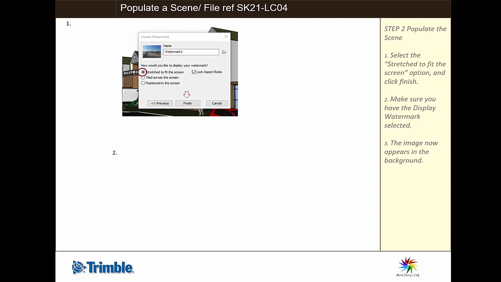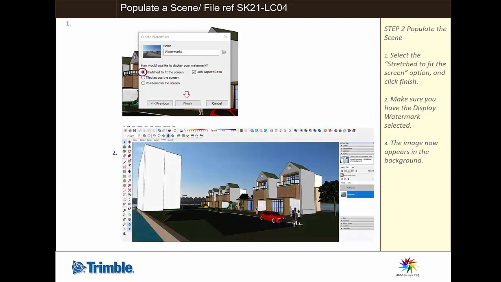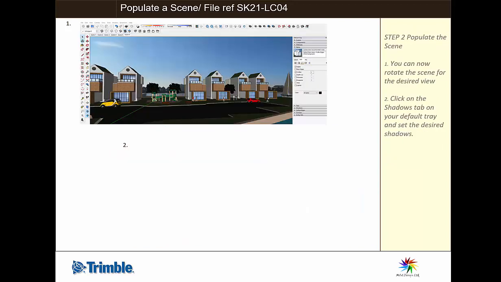We need to make sure that we stretch to fit the screen, and then by clicking on the finished object, you see that it maps all the way around the scene itself. We can then adjust the ground to meet with it, so that visually it looks correct. These are the latter things that we will do when we're formulating our models.